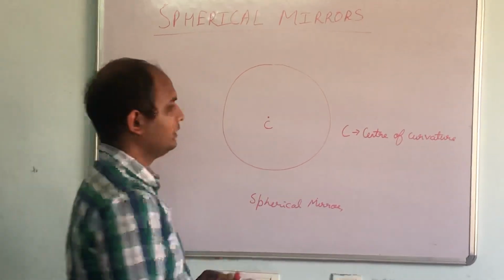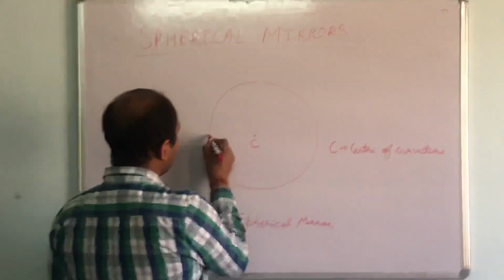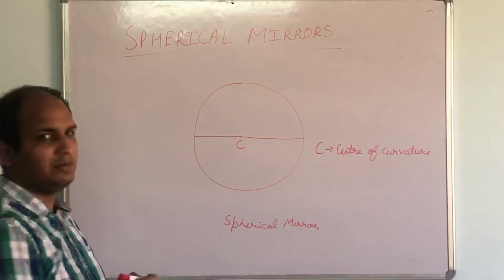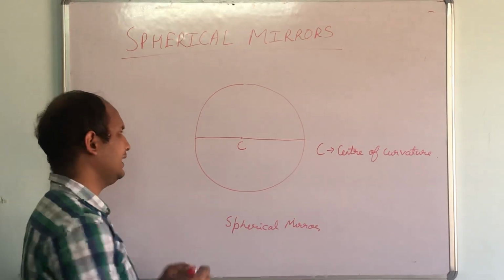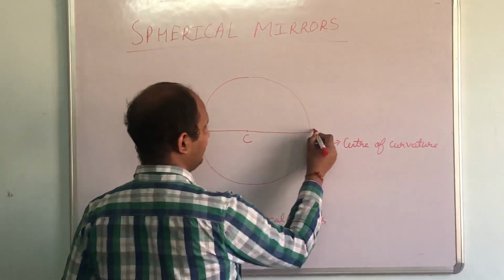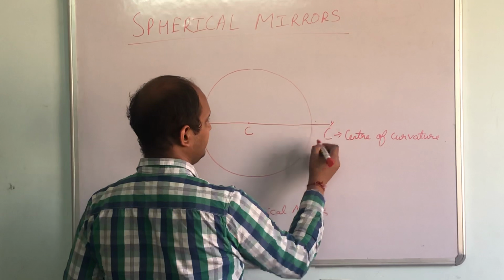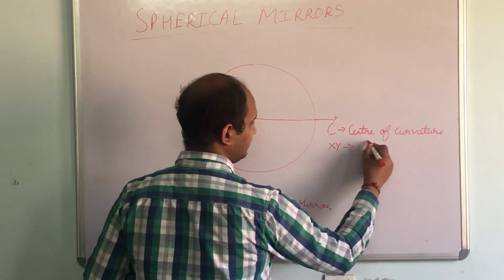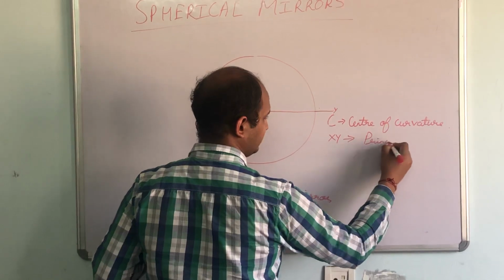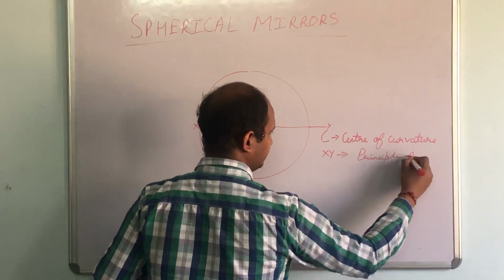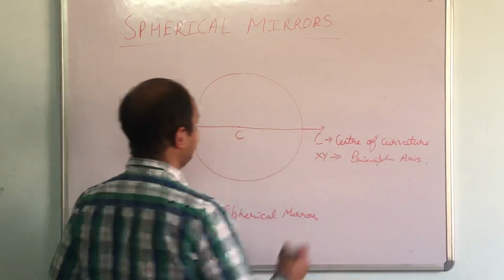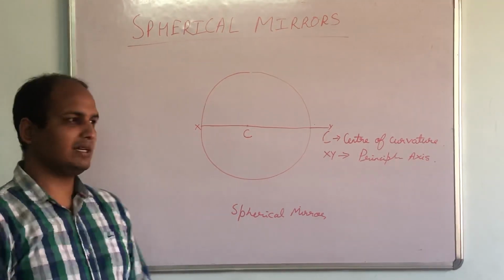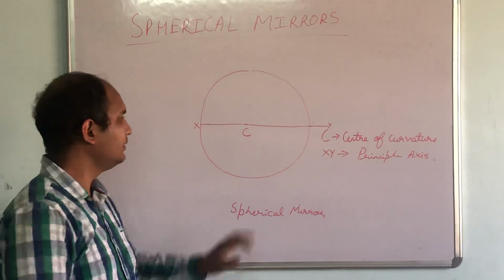Okay. Now there is a line. In mathematics we call it the diameter, but in science we call this line XY, or we can call it the principal axis. XY we call the principal axis, right? So what is the principal axis and what is the center of curvature? Let's understand these two basic things first.